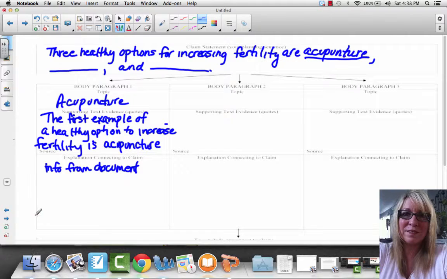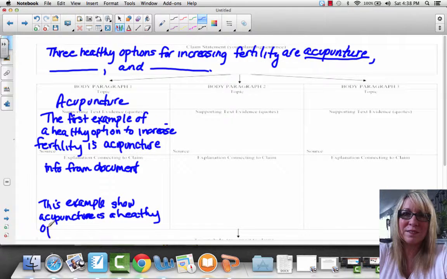And then, as I said, your concluding statement might say, this example shows acupuncture is a healthy option for increasing fertility because... And you're going to put your information from your article that you got right here down there.